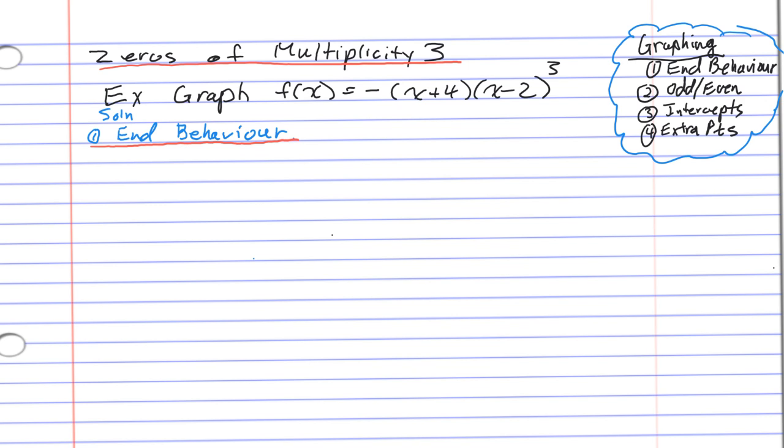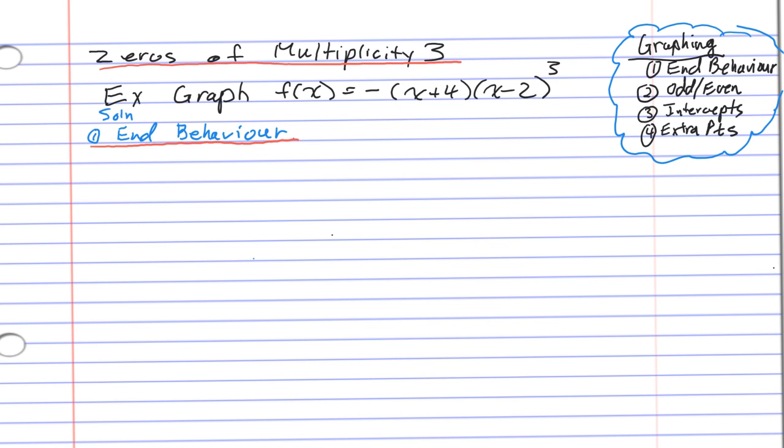Now, the first thing that we have to understand is we have to take a look at this thing called end behavior. End behavior tells us that our function looks like something near x equal to infinity or to negative infinity, right? So now how do we get that for this function?